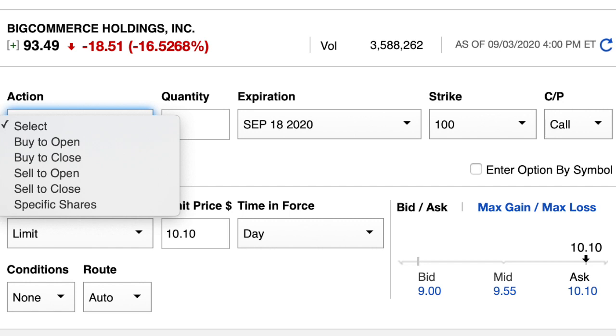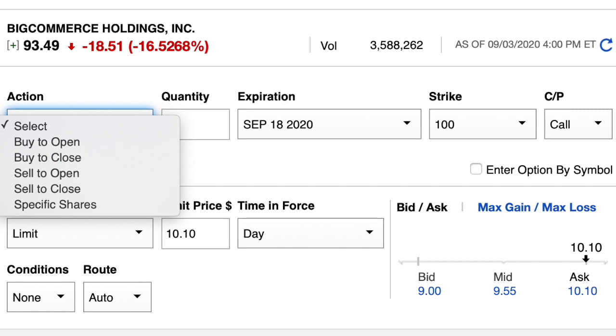Sell to open is if you already have the 100 shares in the case of a call, or for a cash secured put, you have the money available already. For covered calls, sell to open, you have the 100 shares. For the cash secured put, you have $2,000 and your strike is $20. So that's how those two work.